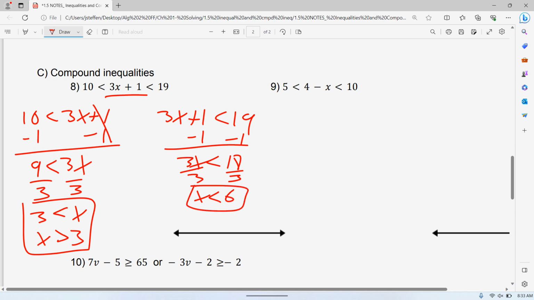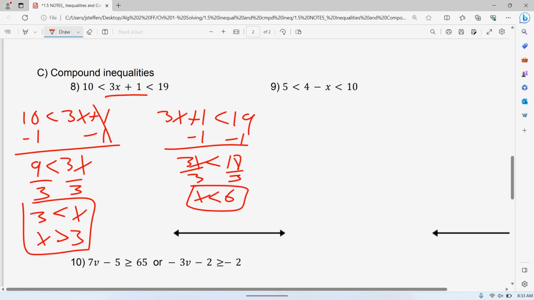Now, here's the thing I should have said at the beginning, and one of the reasons I didn't is because you had this in Algebra 1, so I'm thinking most of you know this, but you might not have remembered. When you have a compound inequality, it's either an and problem or an or problem, which means it's either smaller than 4 and bigger than 6, or you could have an or problem where it's either smaller than 4 or bigger than 6.